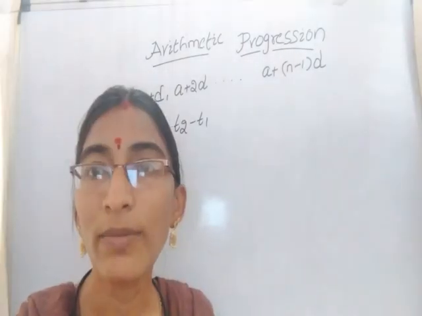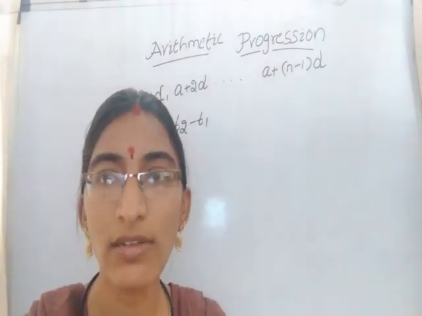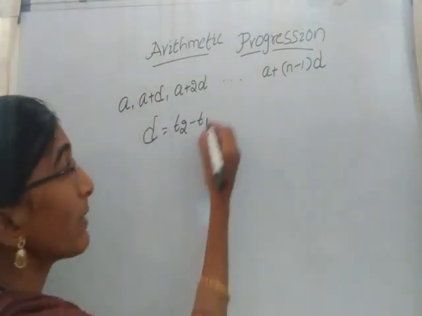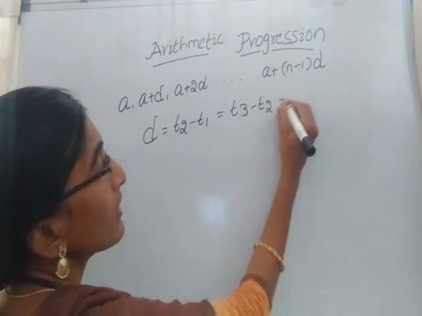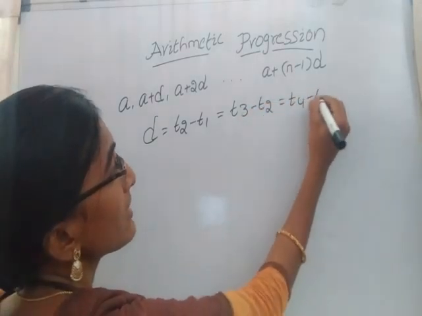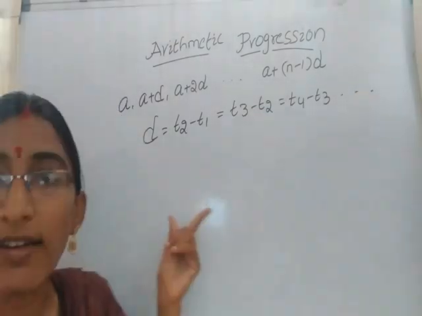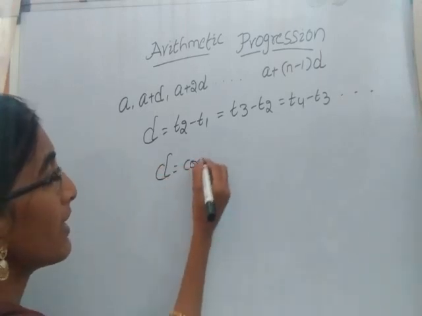Not only t2 minus t1; if we take the difference between any two successive terms, we will get the common difference. So d is equal to t2 minus t1, that is equal to t3 minus t2, that is equal to t4 minus t3, and so on. Here d is called the common difference.